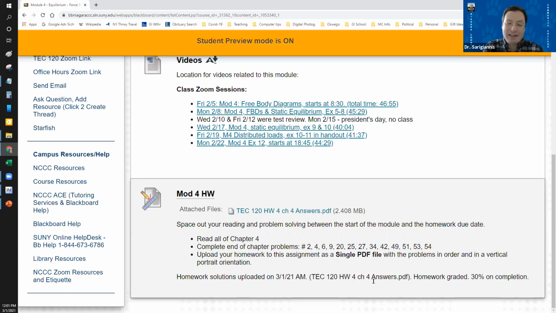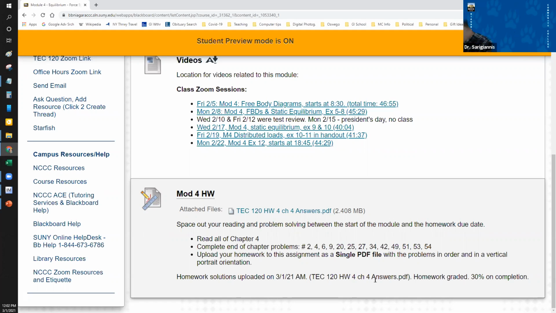Now, the way I did the points is the first 1, 2, 3, I think the first 5 are all free body diagrams, which surprisingly, a lot of people did not do well on those. I didn't put very many points on them, so that was good for you guys.